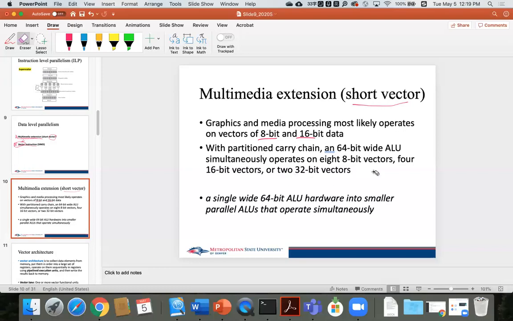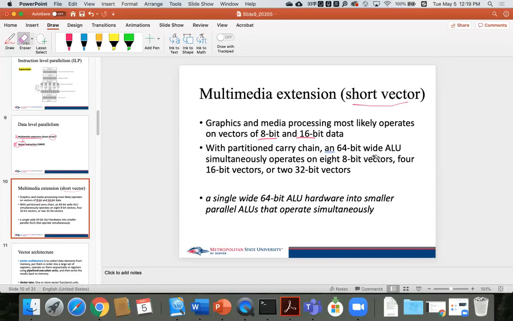For example, you could have a 64-bit wide ALU circuit, so your ALU could generally handle 64-bit data. You either have A and A plus B, each of them 64-bit long, but you could actually have many 8-bit data, and you don't want to waste the 64-bit input, right?